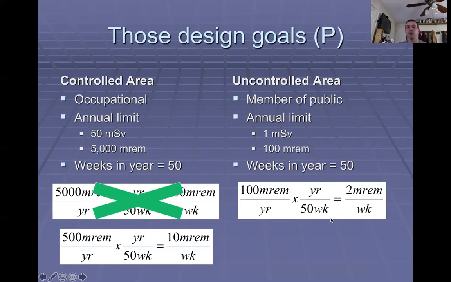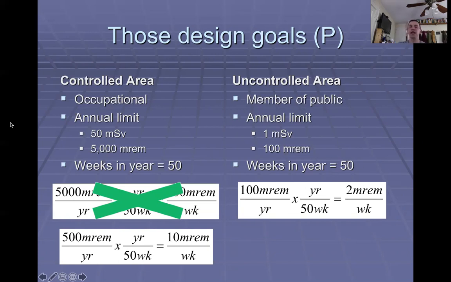That's a very important value to remember, especially when it comes to shielding. When we're discussing shielding, probably in the fall, it's going to be important for you to remember that it's 2 millirem in a week. And if you remember that 100 millirem limit to members of the public, then it's pretty easy to get to that 2 millirem, remembering the roughly 50 weeks in a year.